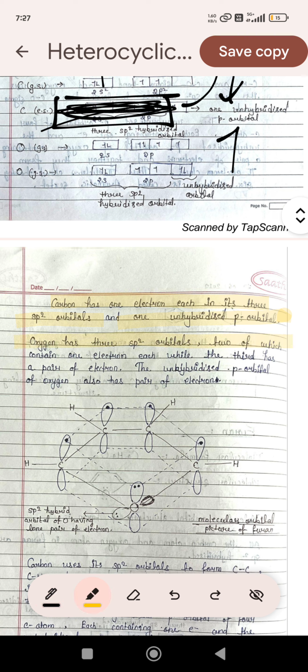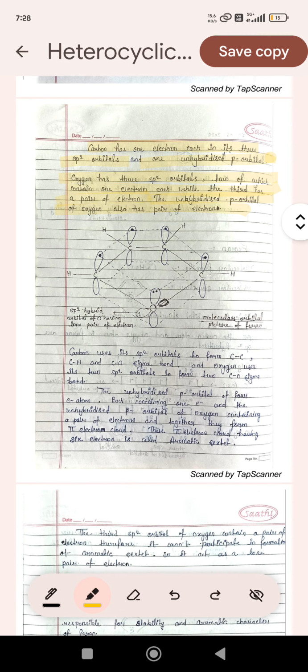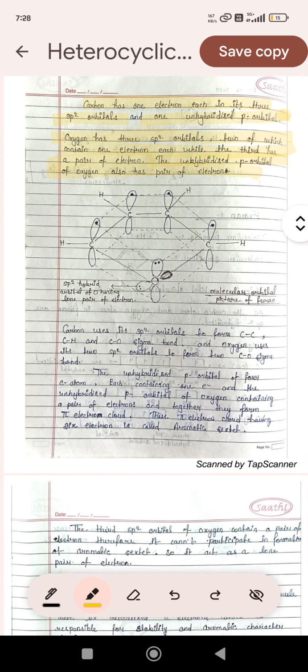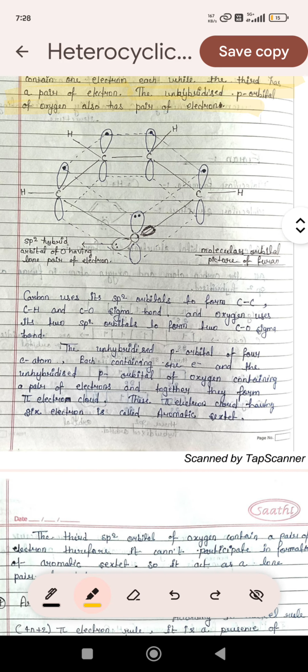Oxygen has 3 sp2 orbitals, of which 2 contain 1 electron each, while the third has a pair of electrons. The unhybridized p orbital of oxygen also has a pair of electrons. So how does it form the molecular orbital picture?